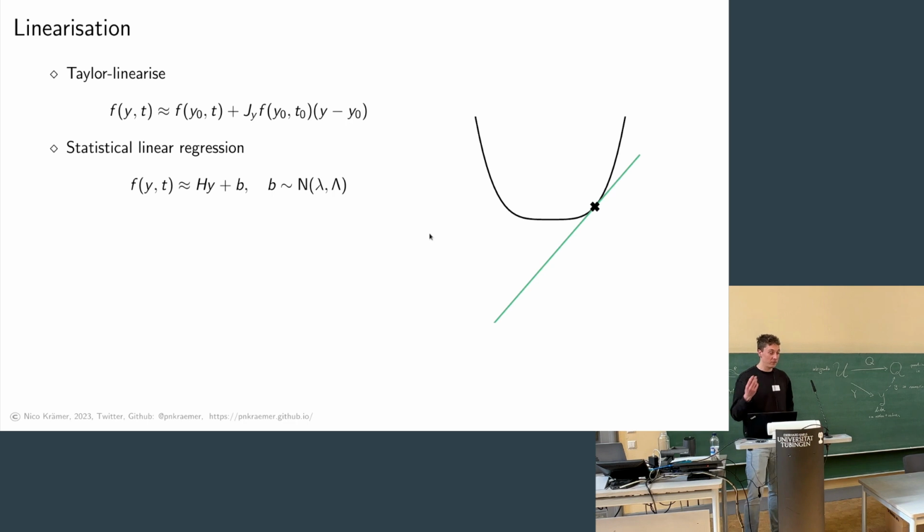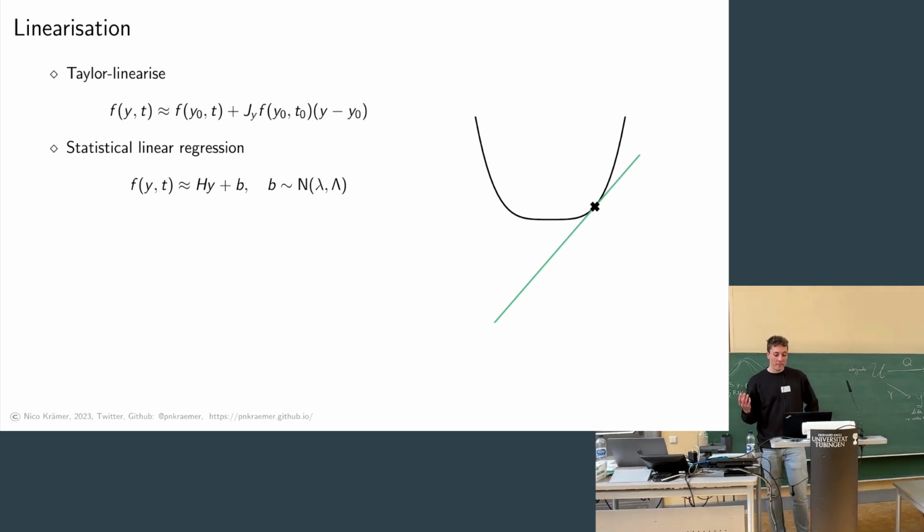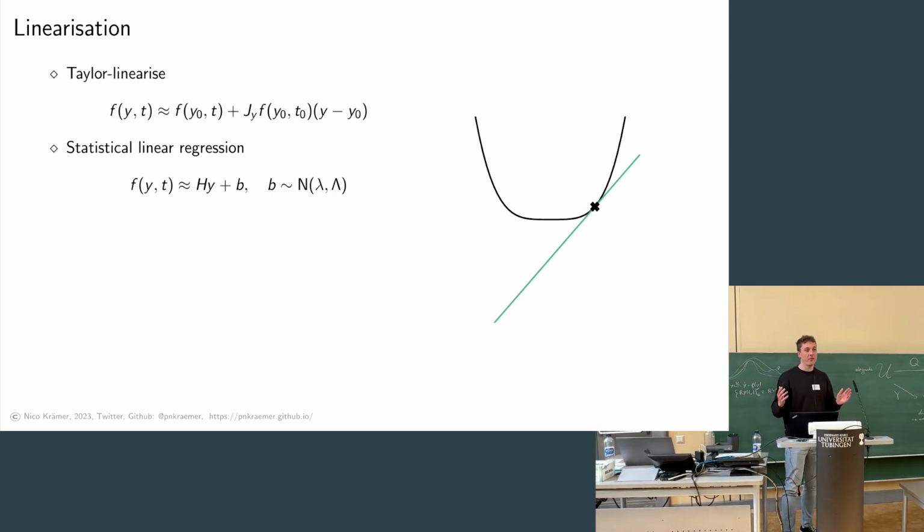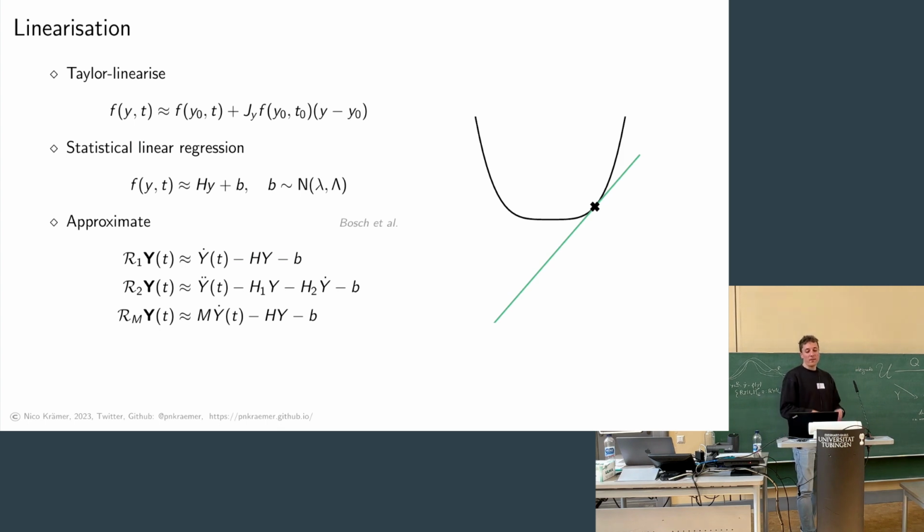Among some other things, this covariance encodes basically how certain our linearization point is. So if our linearization point is really bad, but we know this and we have a massive covariance, then this is going to inflate the whole uncertainty, and the linear regression will still be bad, but it'll be uncertain. And once we're done with this, we replace our residual R, so our ODE residual y dot minus f of y, with this affine expansion.